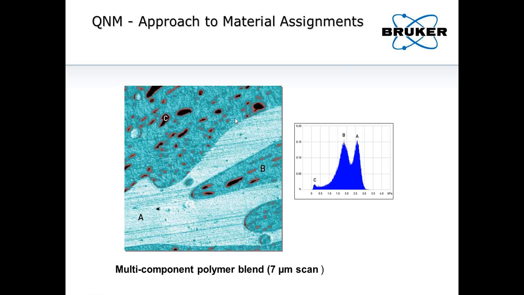Now, if you compare the modulus to the bulk modulus of different polymers, you know which is which, and you know where they are, how well they are mixed, and how much they show on the surface. You know the distribution. So PeakForce tapping mode gives you a way to differentiate materials by their mechanical properties.